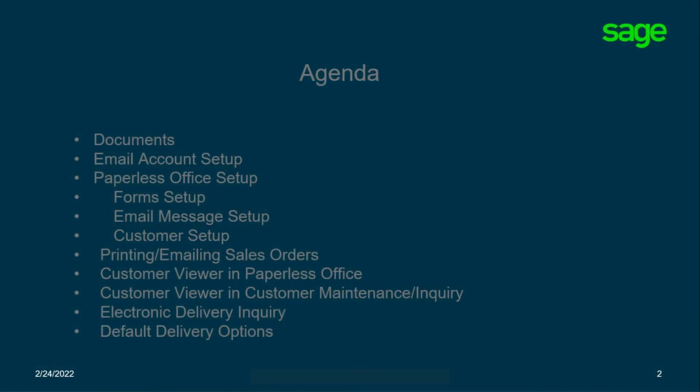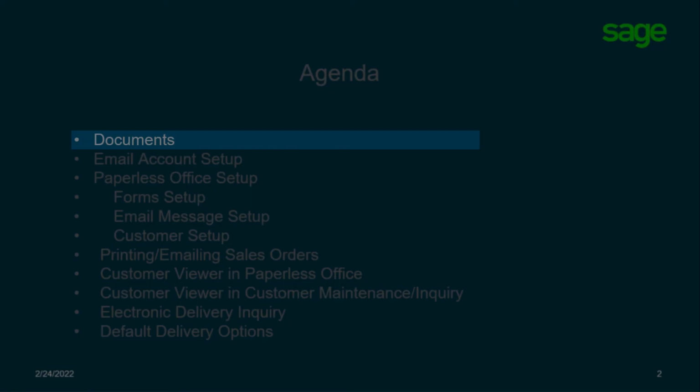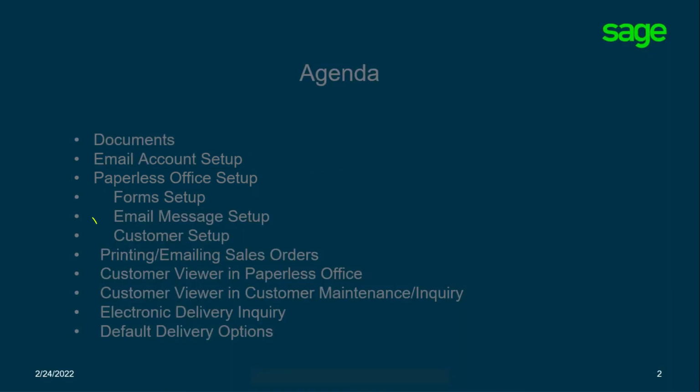Let's do a recap of what we talked about today. So back on our agenda, we talked about the documents that can be sent via Paperless Office. For accounts receivable, we have the customer documents, sales orders, invoices, statements, RMAs. We went through the email account setup and company maintenance. We went through the 3 different pieces of the setup in Paperless Office: forms, email messages, and customers.